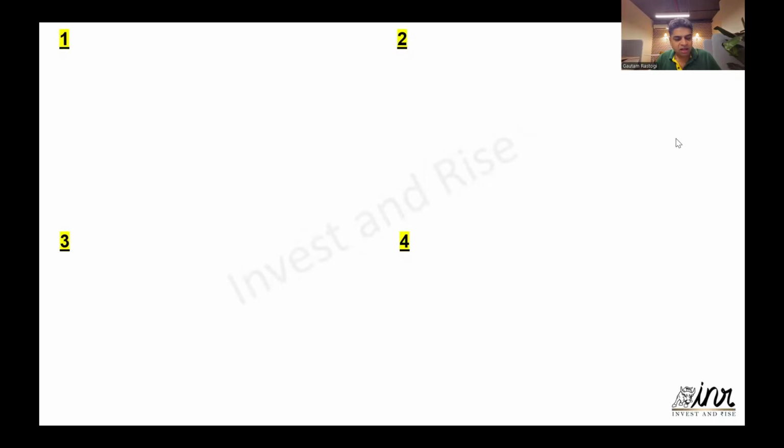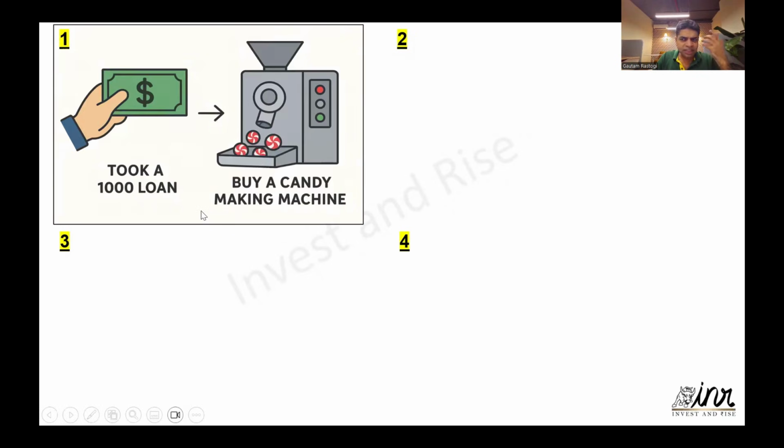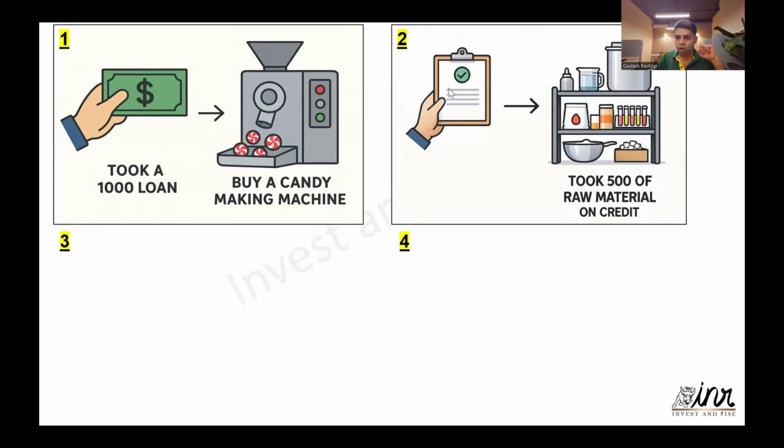All right. So let me paint a scenario, a very simple scenario, so that it will hopefully be clear. Let's say you want to start a small business of making candies. As a first step, you take a ₹1,000 loan, and using that ₹1,000 loan, you buy a candy making machine. Then you go to a supplier.